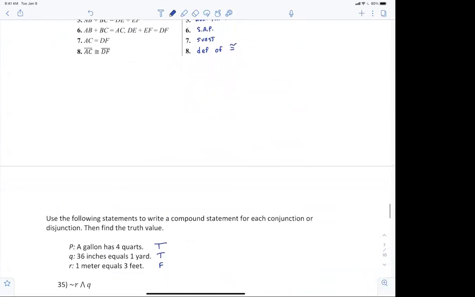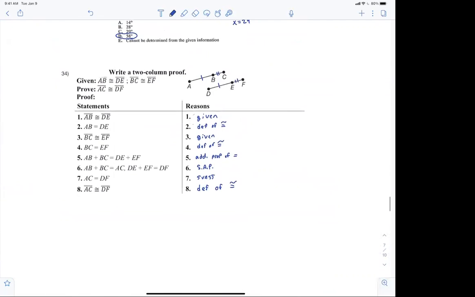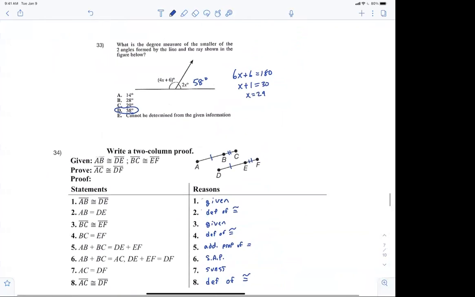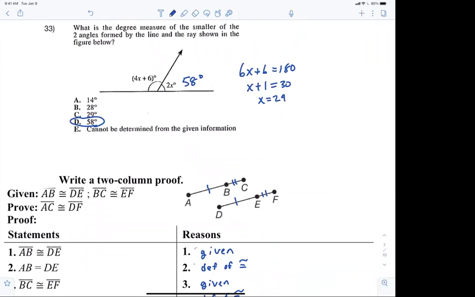Let's go down real quick to the last one. Can you go over 33? Don't they add up to 180? Mm-hmm. And what's the measure of the smaller angle? Oh, I didn't use that first one.